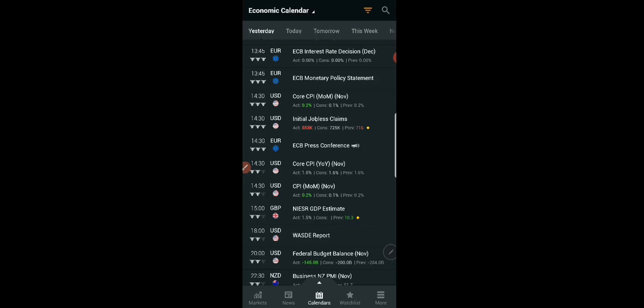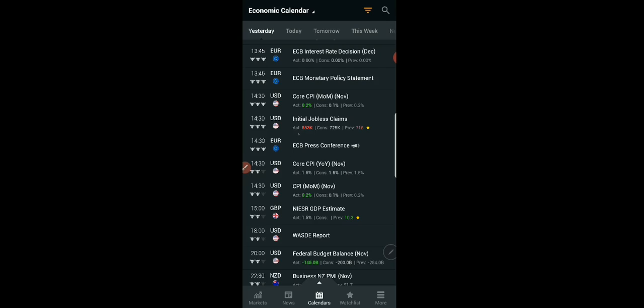So typically, when we see that the initial jobless claim is more, that is, the actual is more than the consensus estimate, or the actual is more than the predicted, it shows that the currency, which is the USD in this case, is weakening, meaning that there are more people who are unemployed and applying for this relief program from the government.